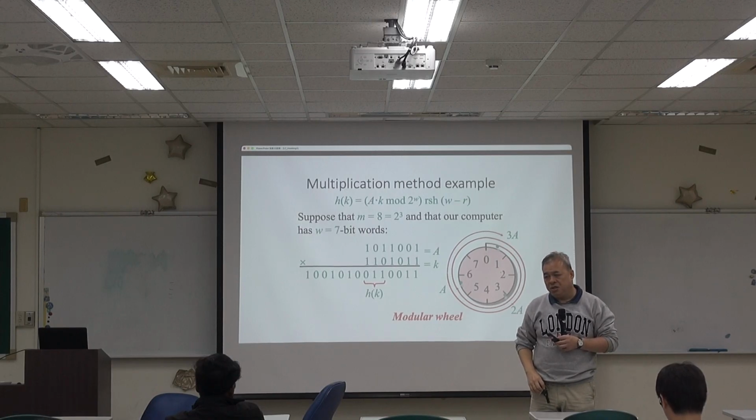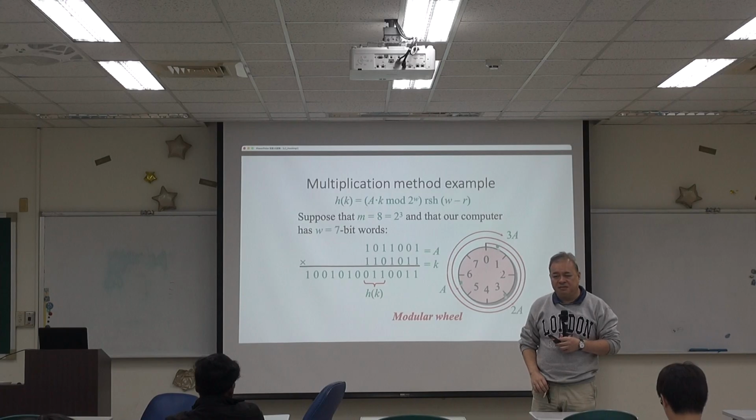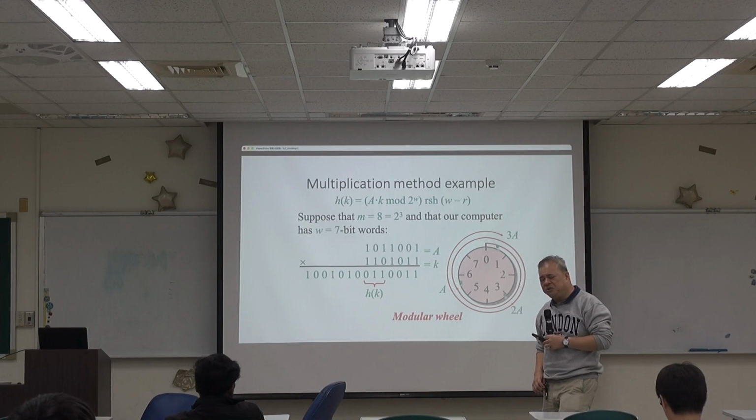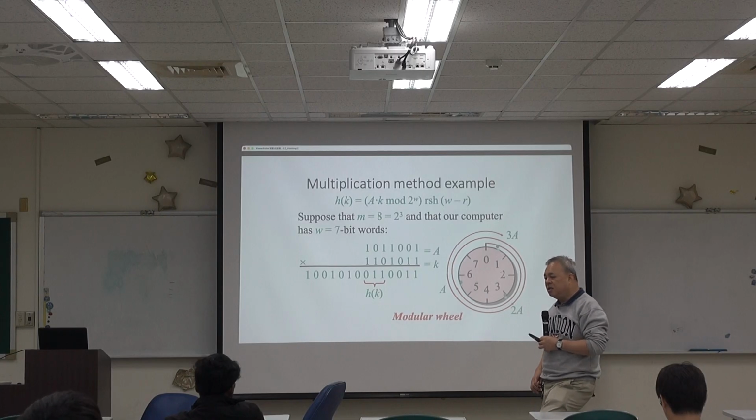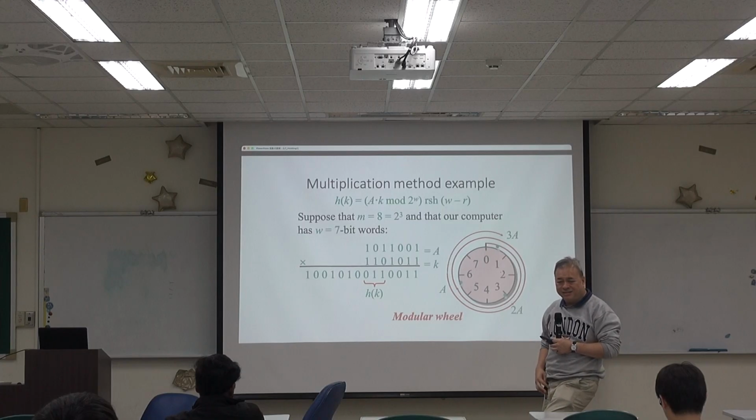The division method, of course, has its advantage in that it's easier for humans to understand. But if you consider implementing it in a program and expect a computer to compute efficiently, then the multiplication method is usually faster.